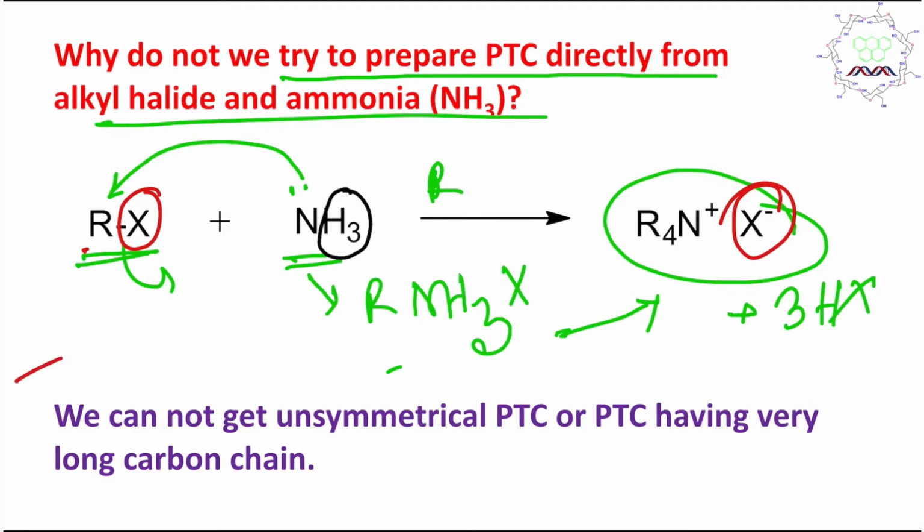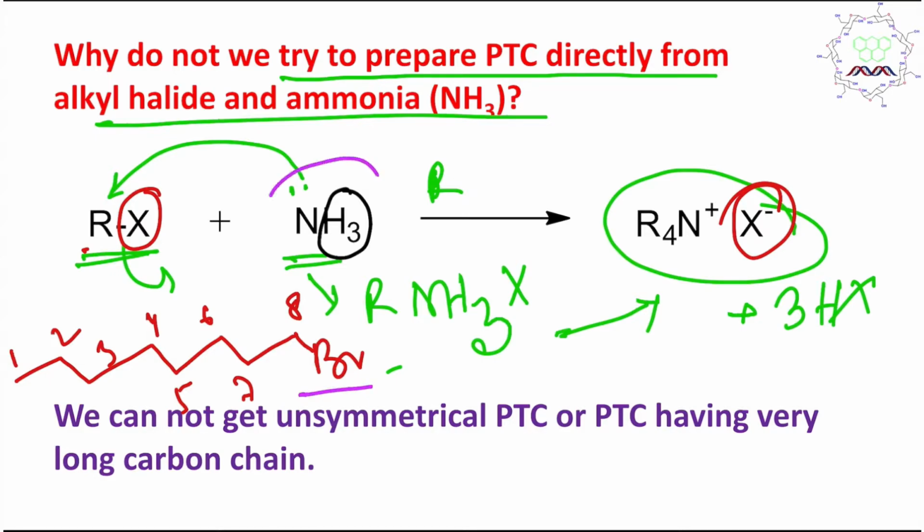For example, you can take 8 carbons: 1, 2, 3, 4, 5, 6, 7, 8. So this is an 8 carbon alkyl bromide. If you do the reaction with ammonia, you can't expect that quaternary ammonium halide will be produced in that step because of the bulkiness, meaning these four R groups are very bulky. So directly in one step you can't prepare it.